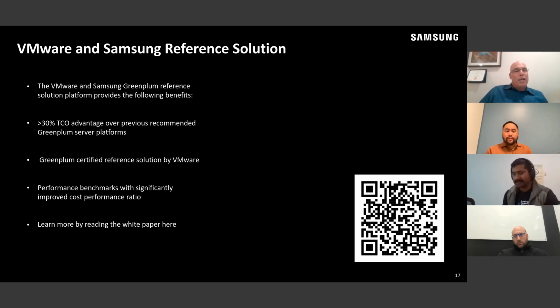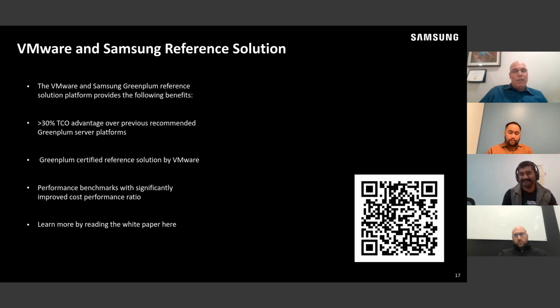So just a quick summary: 30% TCO advantage. I think Pramod even suggested a higher TCO benefit. Working hand in hand, tightly coupled with VMware on Greenplum certification. So don't try and do this on your own, people.